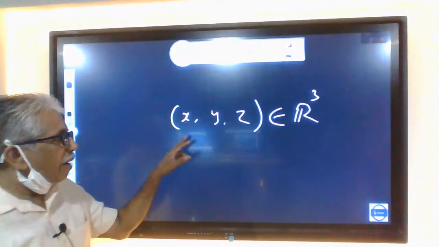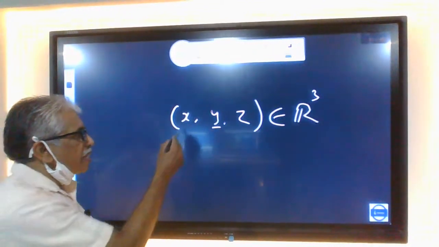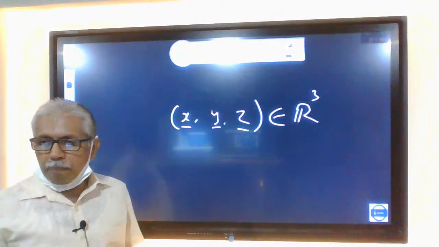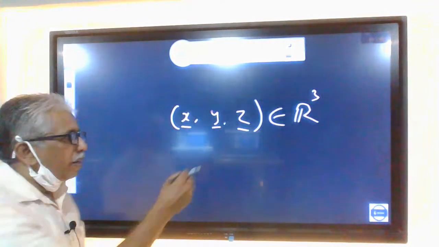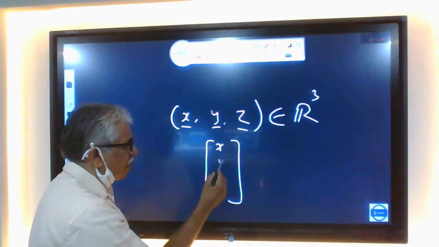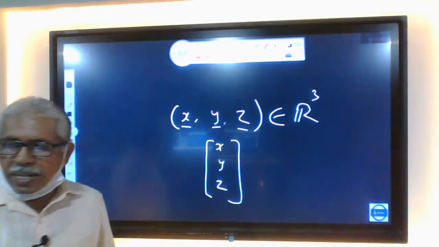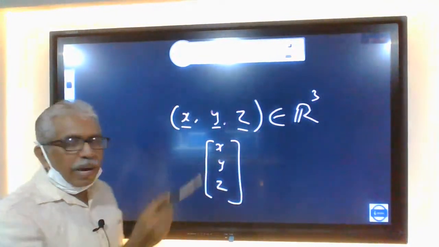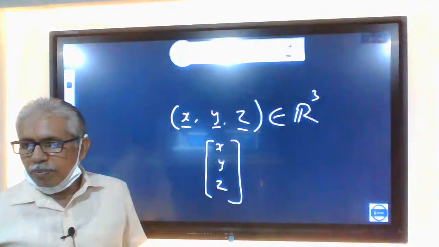So, if you have the coordinates XYZ, these three coordinates will represent a column matrix. So in that sense, the point as well as this matrix are the same.